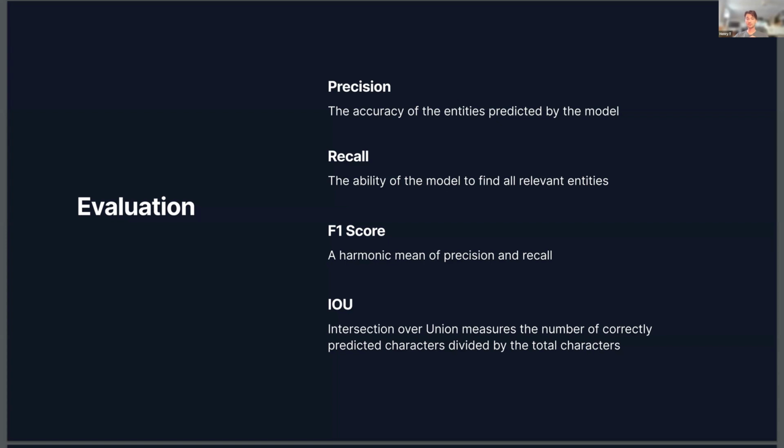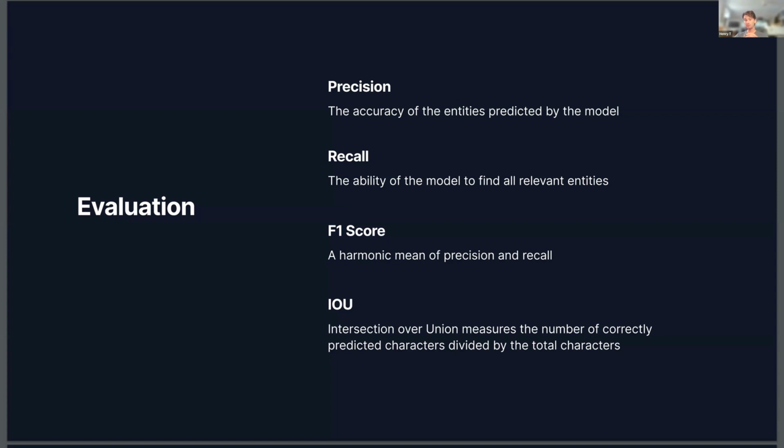It calculates the proportion of correctly identified entities out of all entities the model predicted. Recall, on the other hand, measures the model's ability to find all relevant entities in the text. It calculates the proportion of correctly identified entities out of all actual entities present, so false negatives. F1 score is the harmonic mean of precision and recall, providing a single metric that balances both, particularly useful when you need to weigh the trade-offs between them.